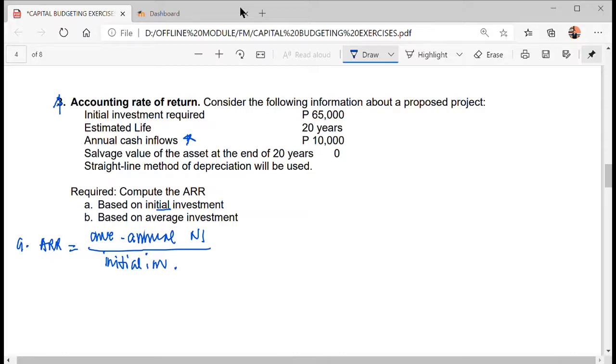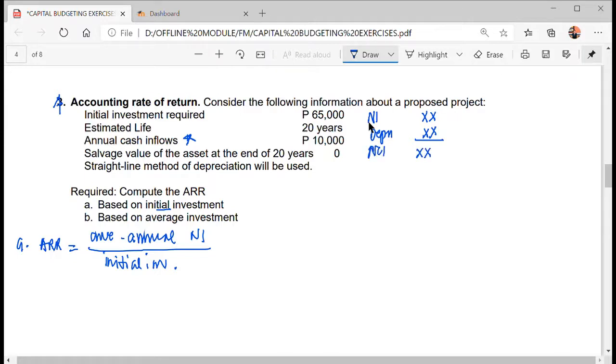Remember, to get the cash inflows, the formula starts with net income, and then you adjust by adding the depreciation, and then you will get the net cash inflows.